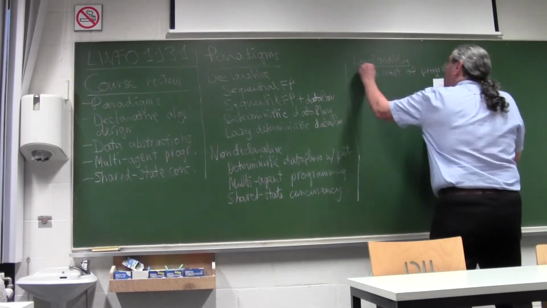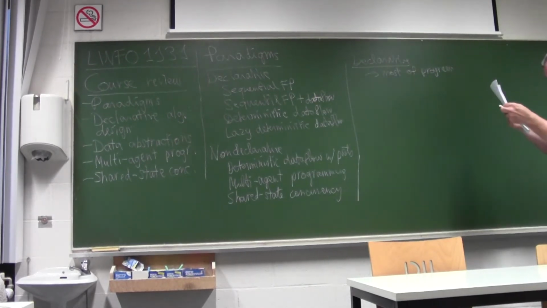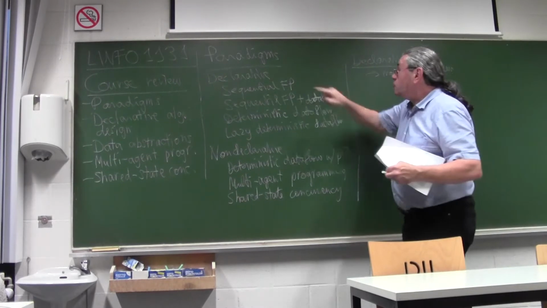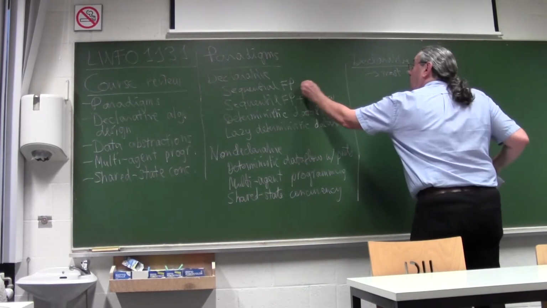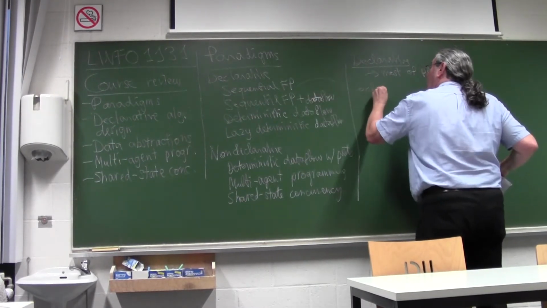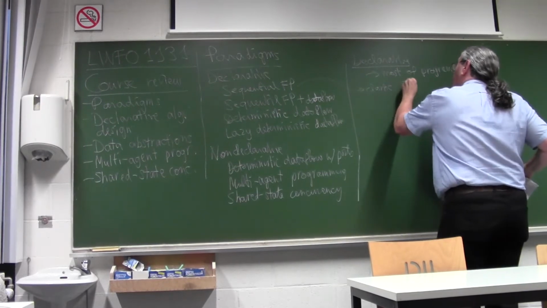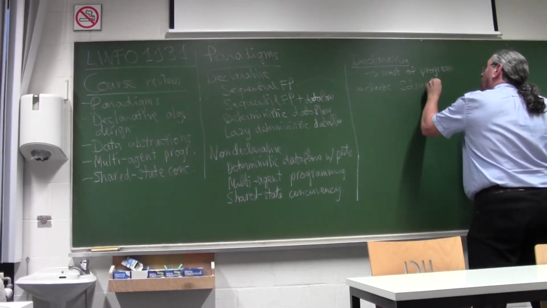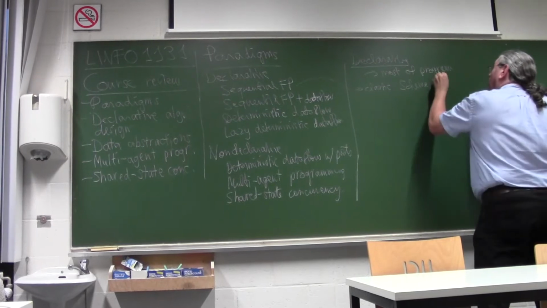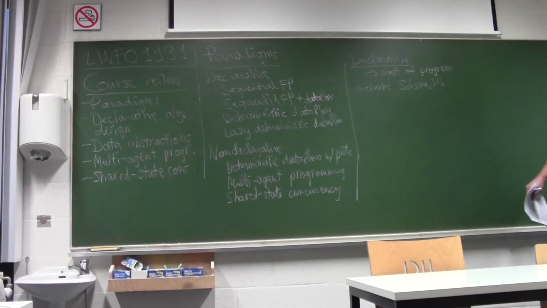Okay? So the first thing I want to say is that sequential functional programming, the first paradigm, is the one that you will see in many programming languages. Scheme and ML are the most popular ones, but there are other ones like Clojure and so on.